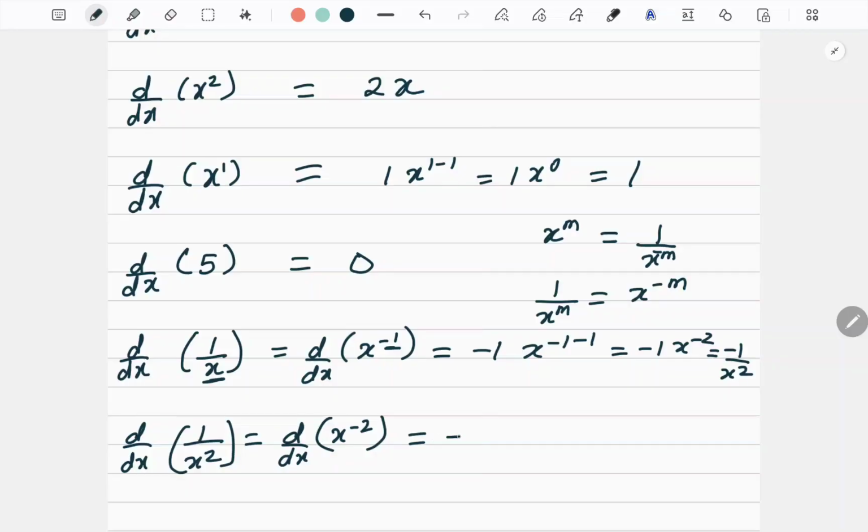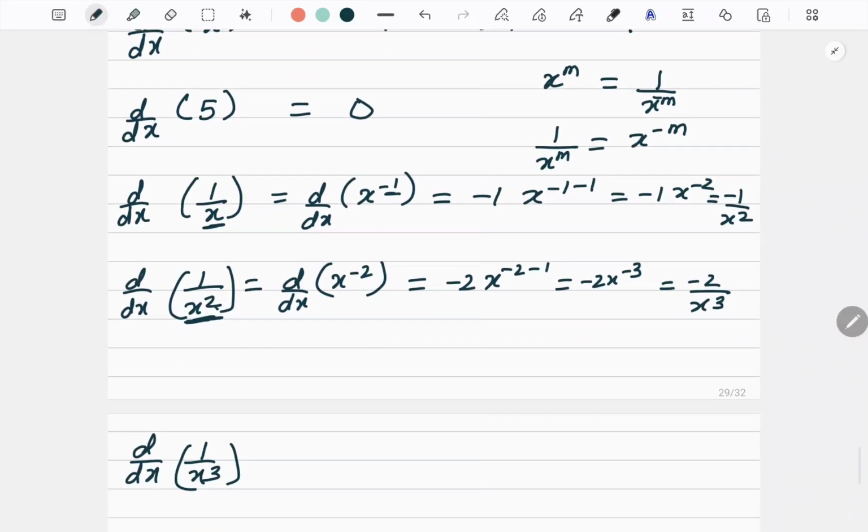Now minus 2 will come in front, and x to the power minus 2 minus 1, which is minus 2 x to the power minus 3, which is minus 2 upon x cube. So when it is in the denominator, always remember the power will increase, and that power will come in the numerator with a negative sign.